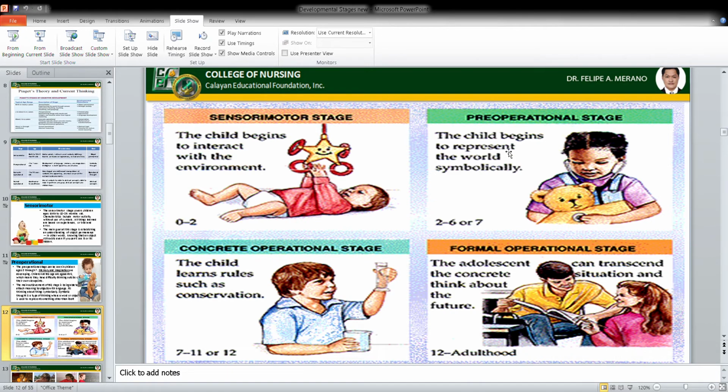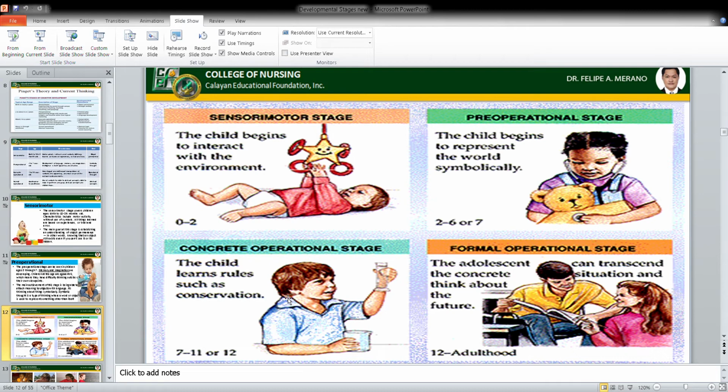In the preoperational stage, the child begins to present the world symbolically. They use symbols, as they can also use imaginary friends. And in the concrete operational stage, the child learns rules such as conservation.